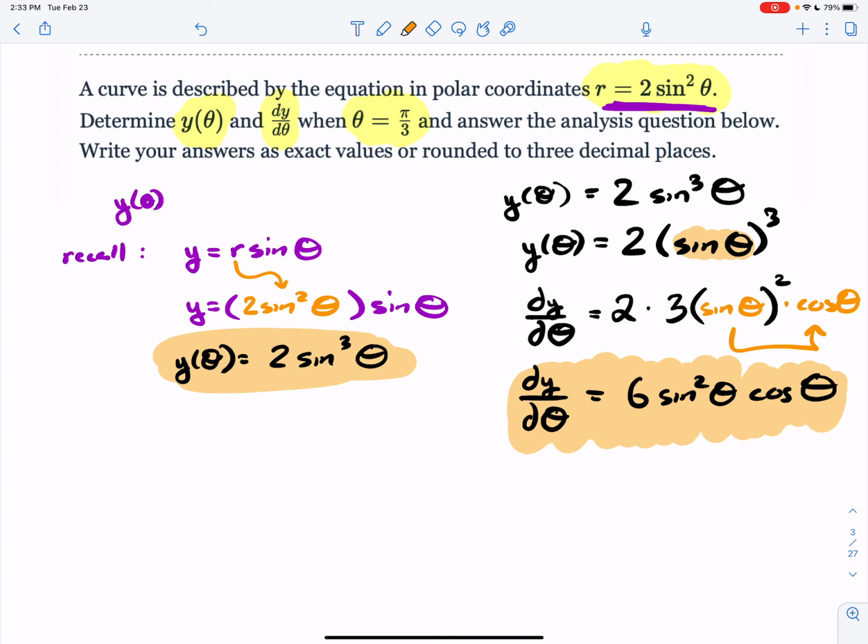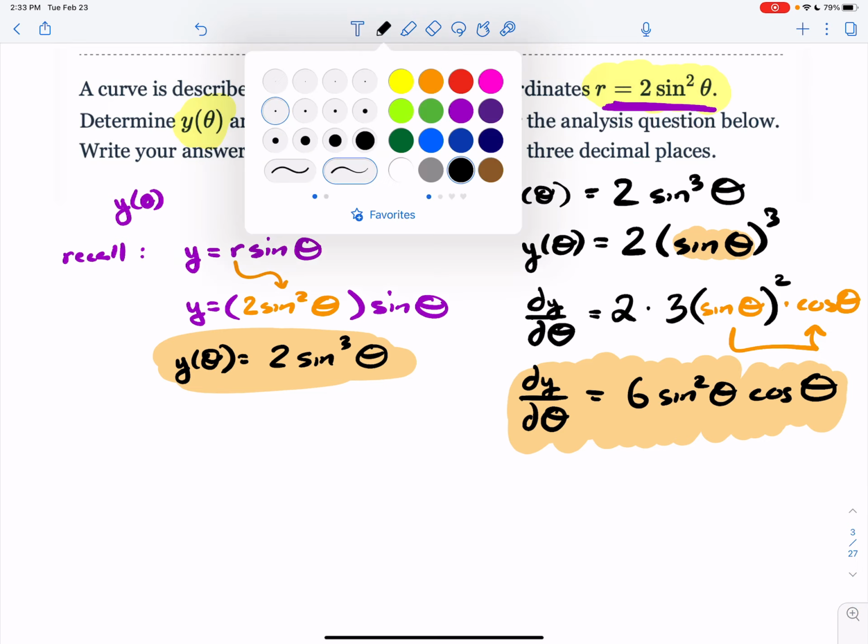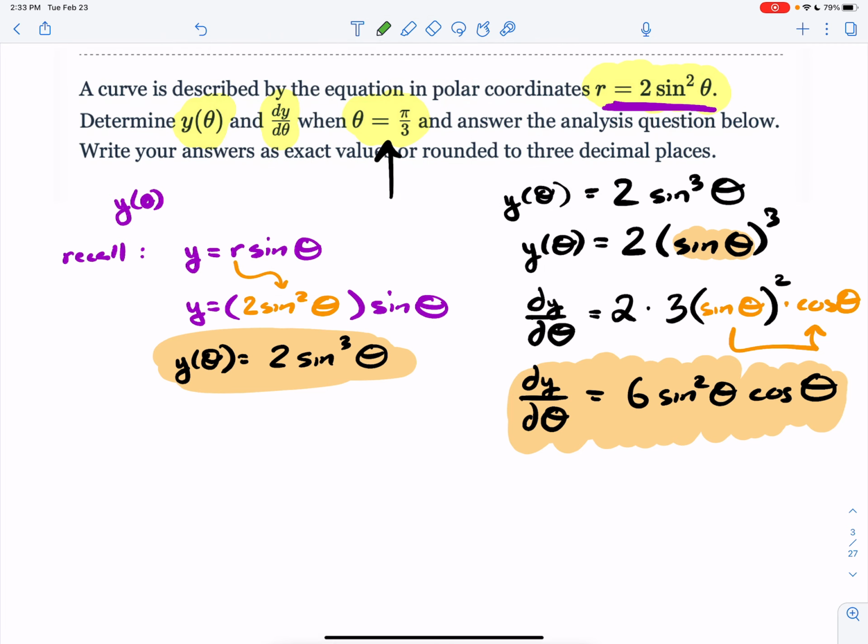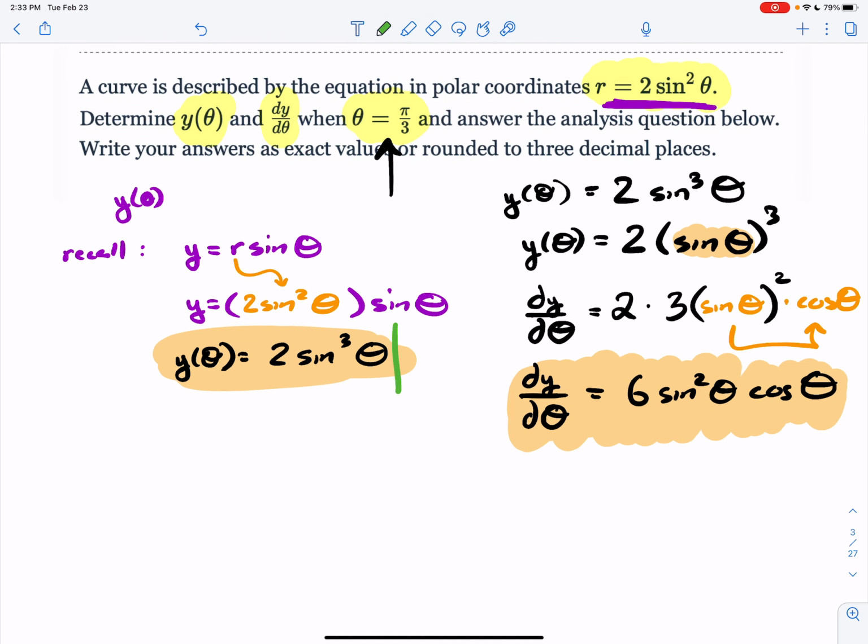All right, so then they want you to find out what y theta is and dy d theta is, specifically at pi over 3. Okay, so if we evaluate this at pi over 3, go ahead and do that. This will give you an opportunity to kind of refresh on your trig. Okay? All right, so here we go. So y here would equal 2 times sine of pi over 3 cubed.